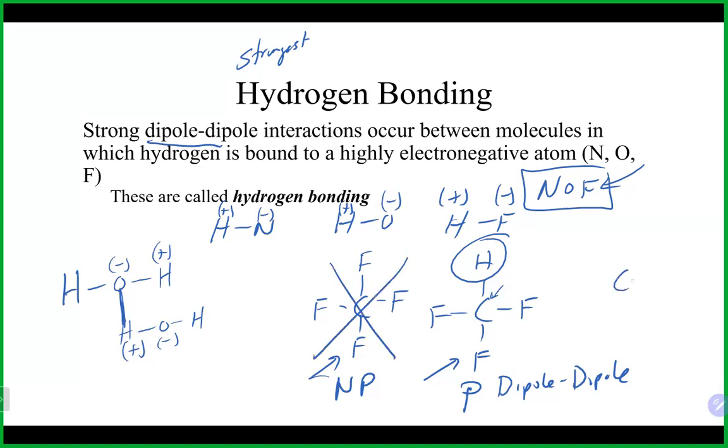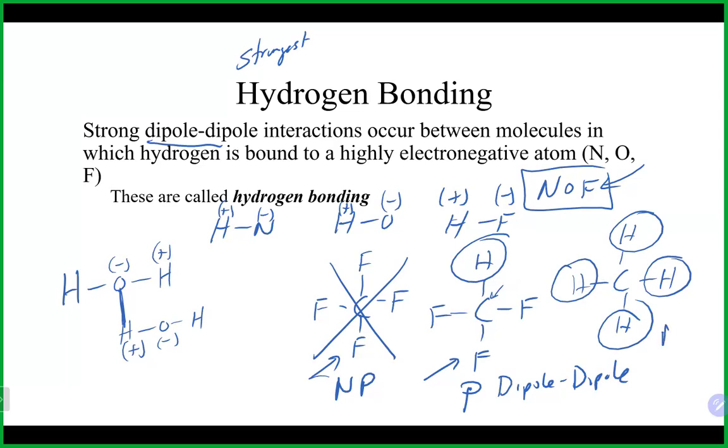This one would definitely not do either of these. And what about this one here? Can this one do hydrogen bonding? This one cannot do hydrogen bonding either, even though there are a ton of hydrogens there, but none of them are bound to the right element, so it cannot do it. And by the way, this one is also non-polar, so we'll talk about what those two use in just a second. But hydrogen bonding needs the ability to do that.